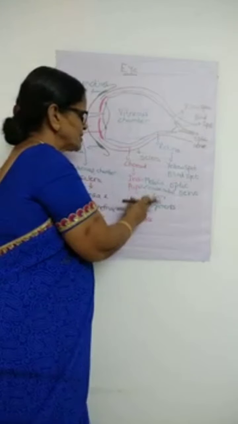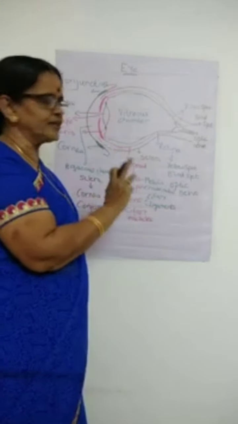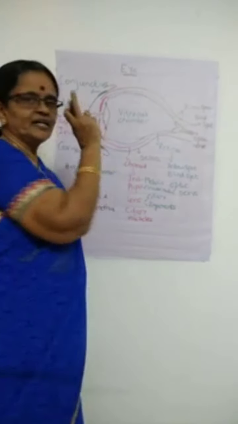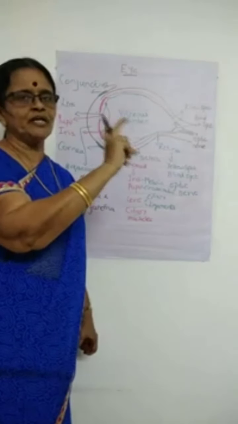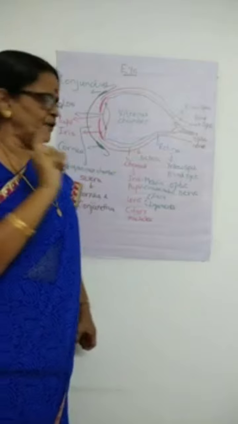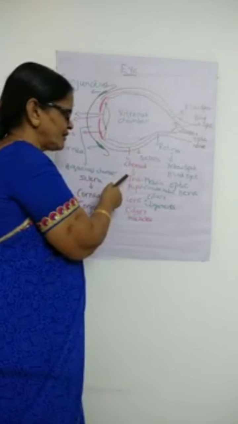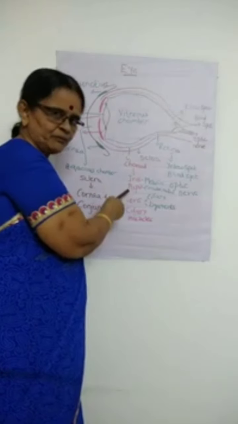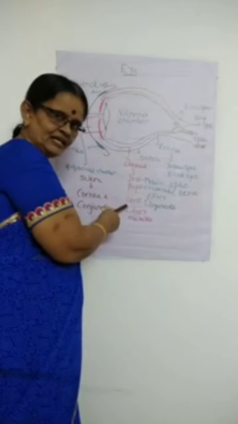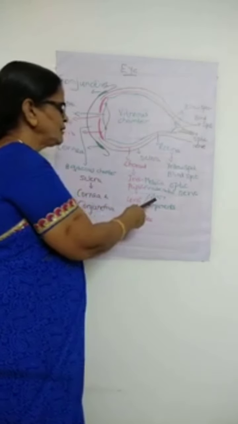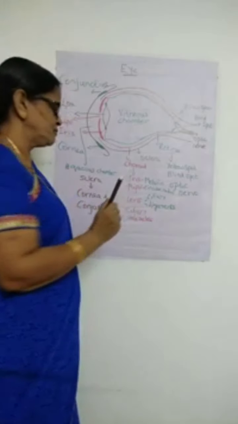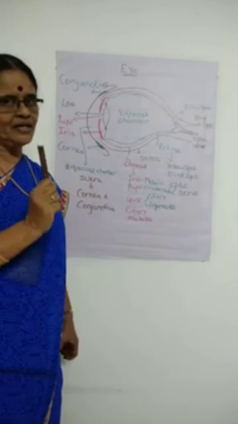So ciliary muscles and ligaments together hold this lens in position, in the continuation of the middle layer, that is called the choroid. So the choroid has the iris, the pupil, and the lens, and this lens has ciliary muscles and is held in position with the help of the ligaments.